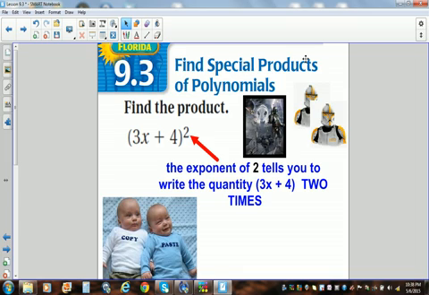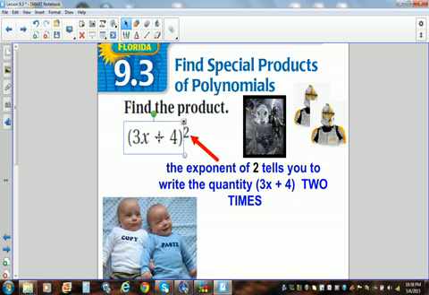Of polynomials, which simply means, in English, the answers to multiplication problems when you are multiplying several terms. So it asks us to find the product. We know a product is an answer to a multiplication problem.